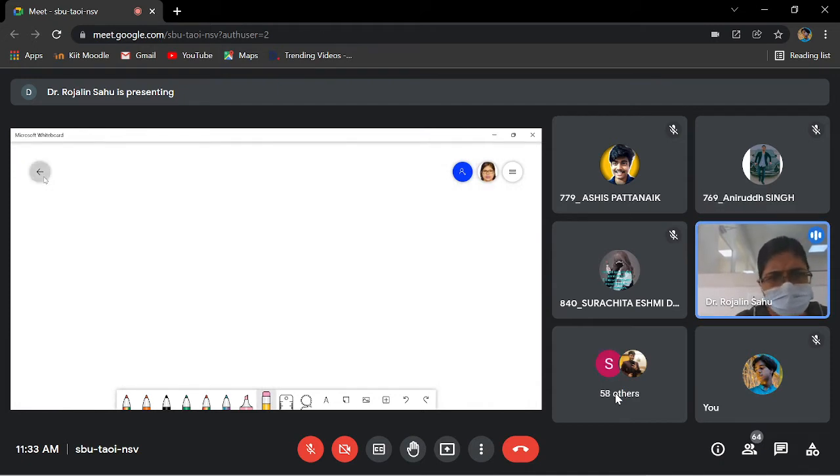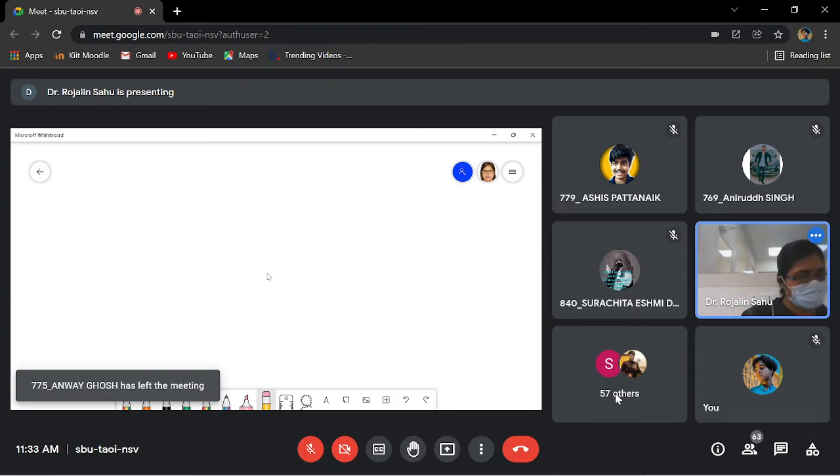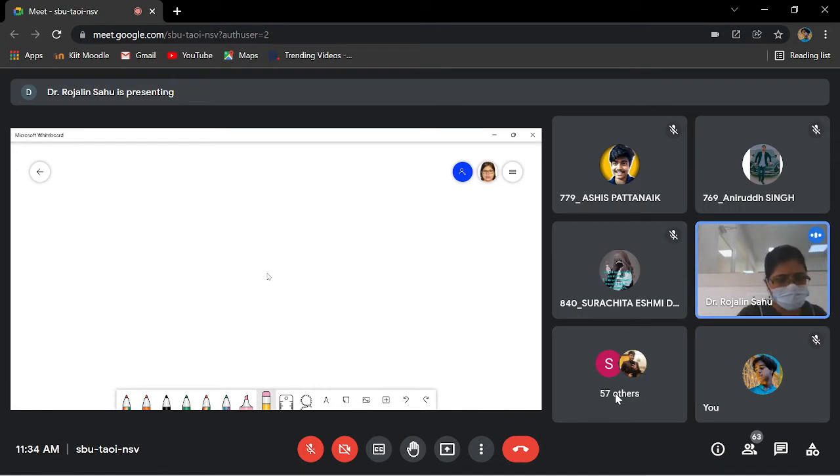I don't know what is happening to this. Okay, I'll send you the photo of this part. Right now I'm sending. I think in the PPT it is there, type 1, type 2, type 3, type 4.